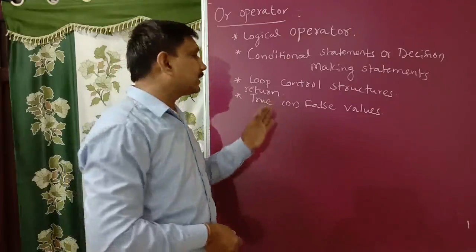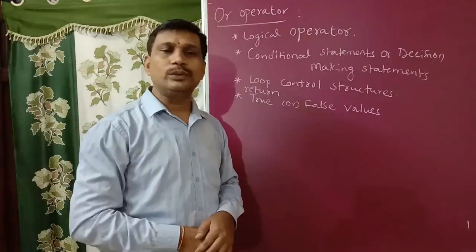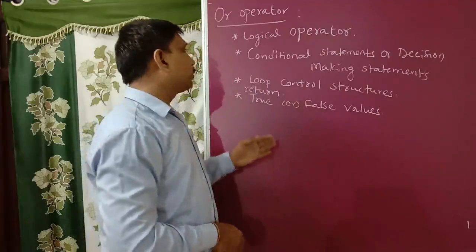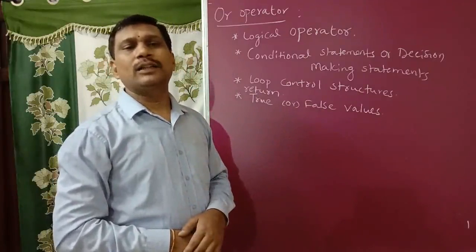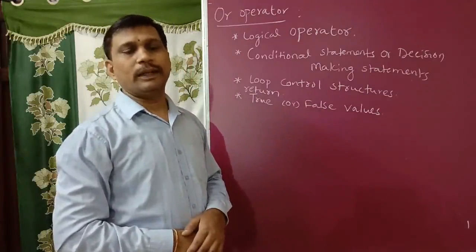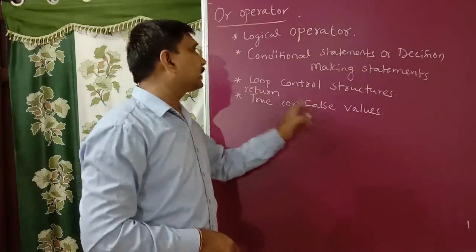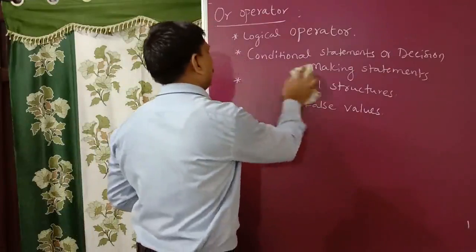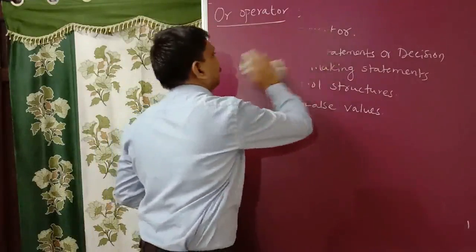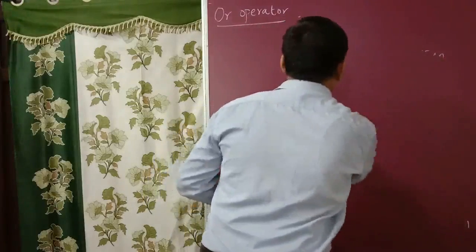Depending on this condition, it decides whether the if part or the else part of the program executes. Depending on the value returned by the or operator. We will see the working of this operator using examples here.